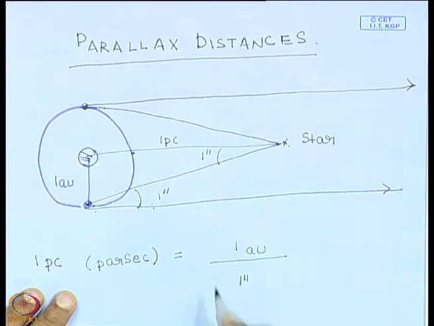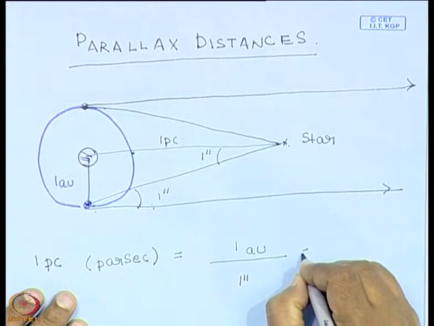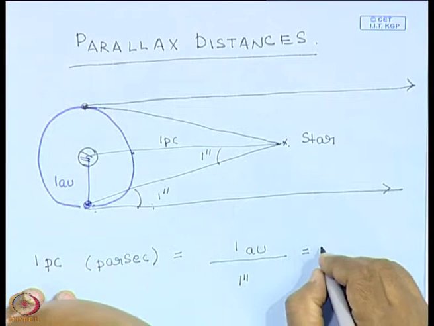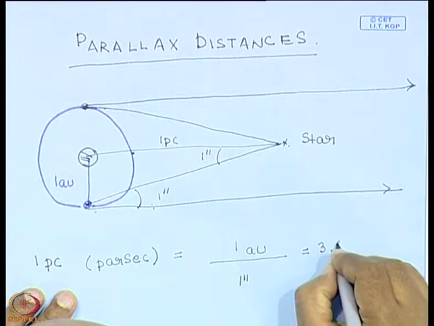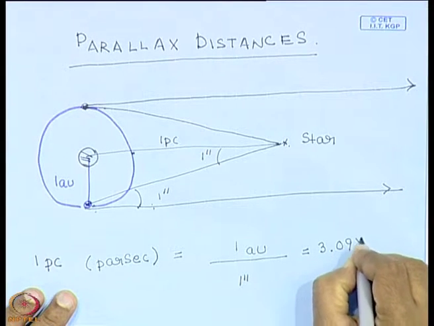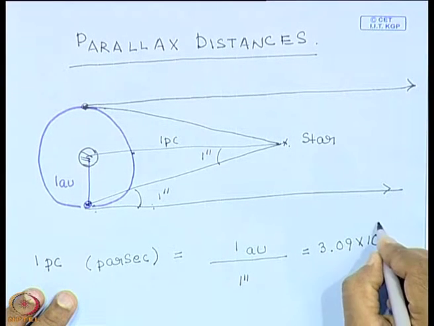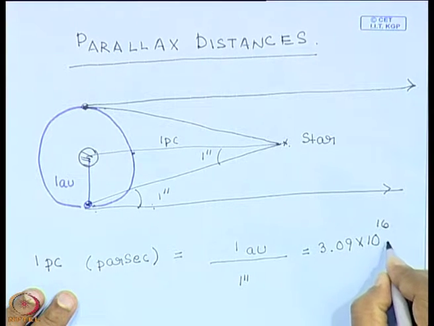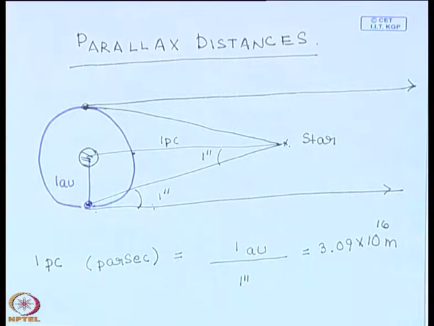So, I leave this as an exercise for you, a rather straightforward exercise. If you do it, you will find that this comes out to be 3.09 times 10 to the power 16 meters.